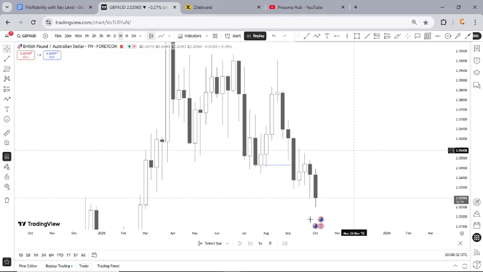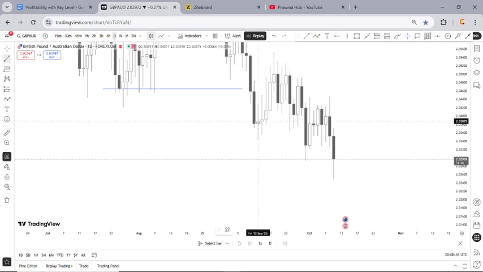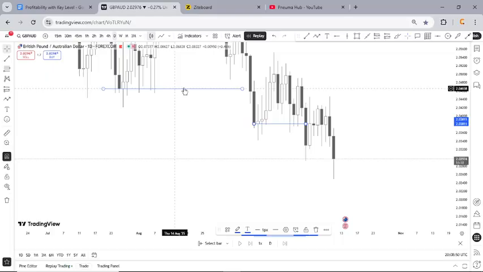Daily also is bearish. The recent breakout on daily is to the downside. The recent breakout on weekly is here, and this line is also a breakout on daily. Now the most recent breakout on daily is down here.